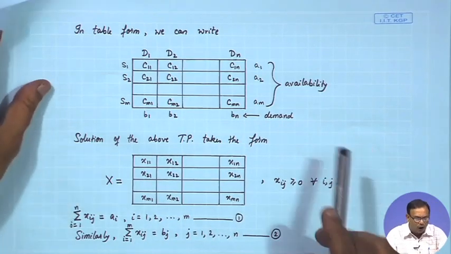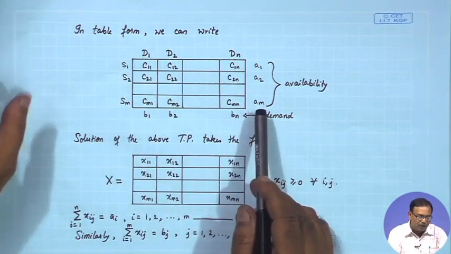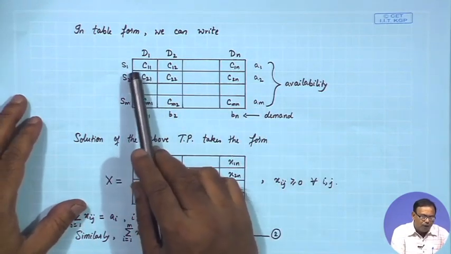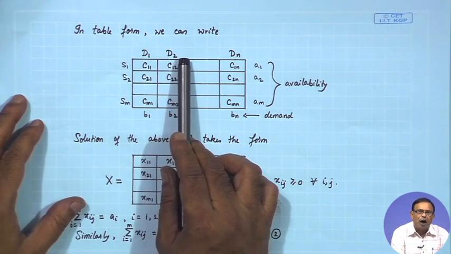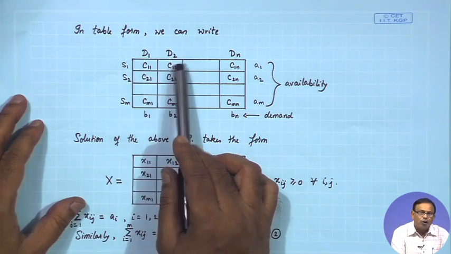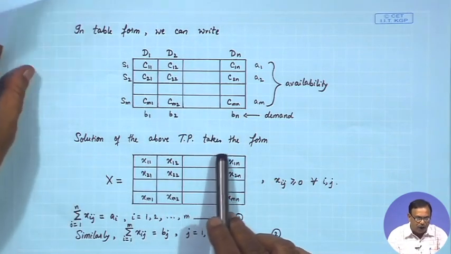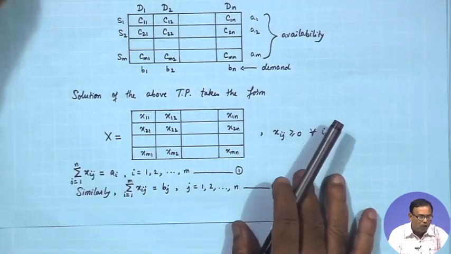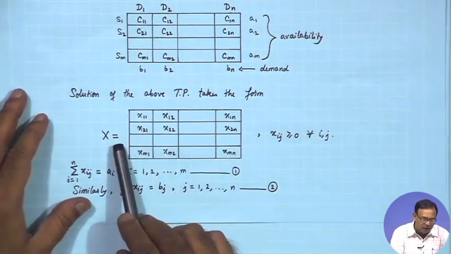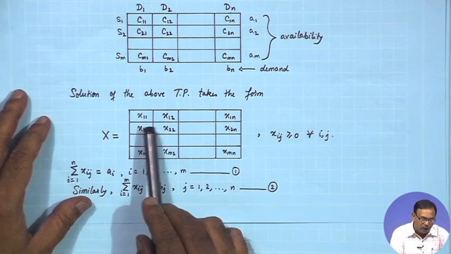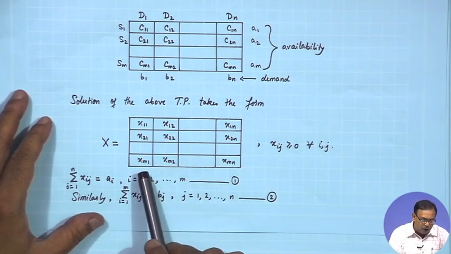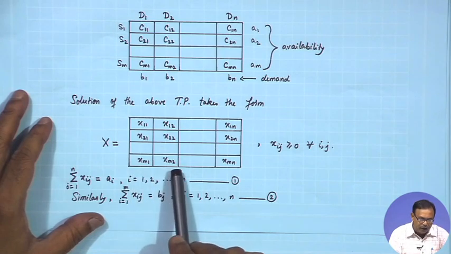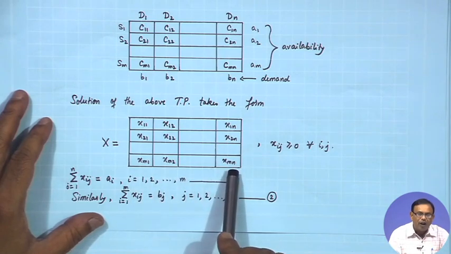So, what will be the solution of this transportation problem? From source S 1, to which destinations are we sending the items, and how much quantity are we sending? Therefore, the solution of the transportation problem will always take this form: X equals x 1 1, x 1 2, x 1 n, and the last row x m 1, x m 2, x m n.